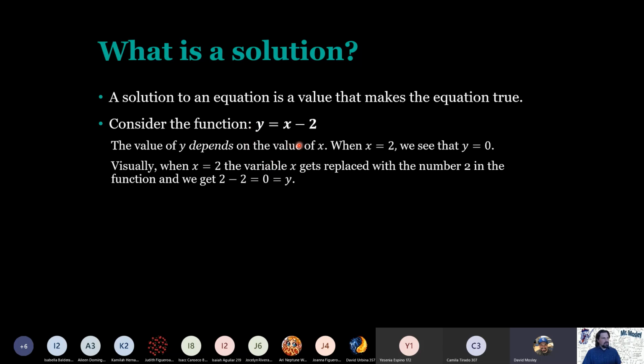When we have this function, y is representing, well, not the solutions, it's representing the outcome of certain x values being put into the equation. In this case, when x equals 2, y equals 0.